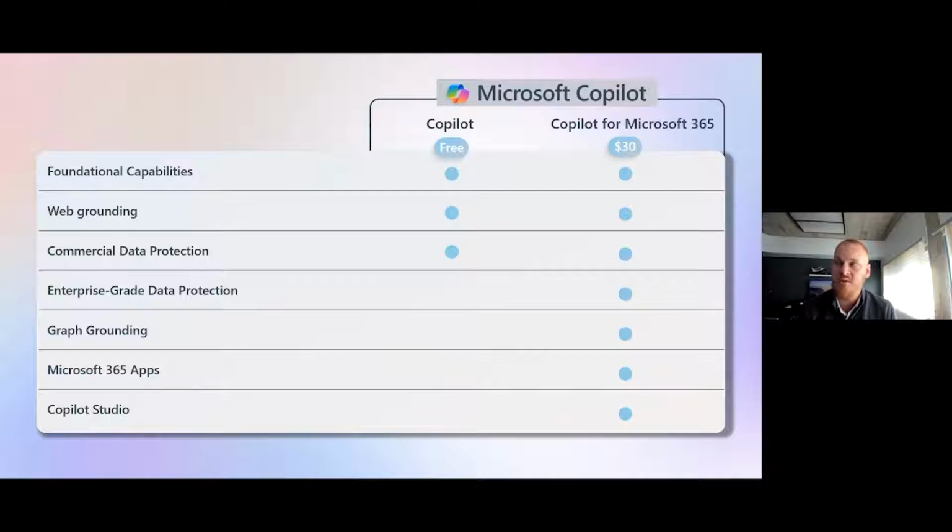And so anybody can use that, copilot.microsoft.com, sign in with your Office 365 account, and you now have access to a full GPT-4 ChatGPT interface, but it's protected. Your data is not leaving your tenant, and that's critical.